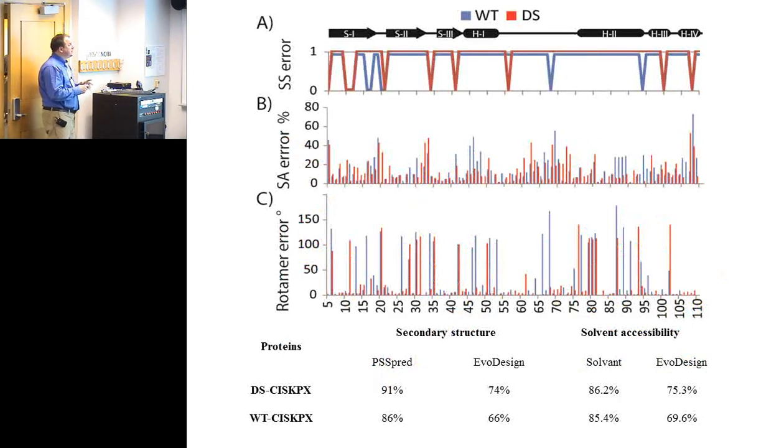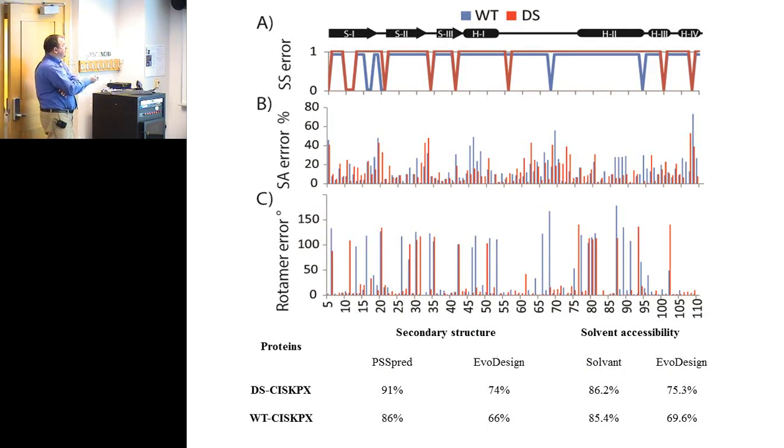So if we step back and look at all the secondary structure, solvent accessibility, and rotamer errors in the design in comparison to the wild-type domains, we can look at maybe the impact that these potentials had in our design simulation.